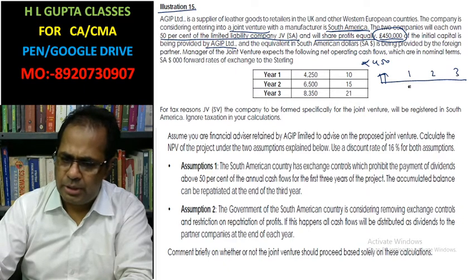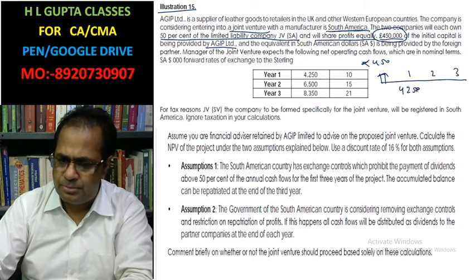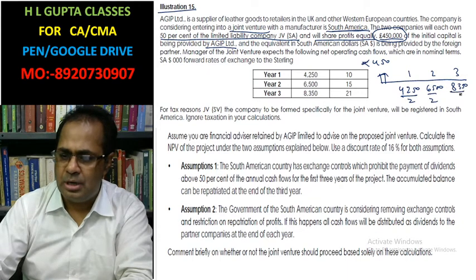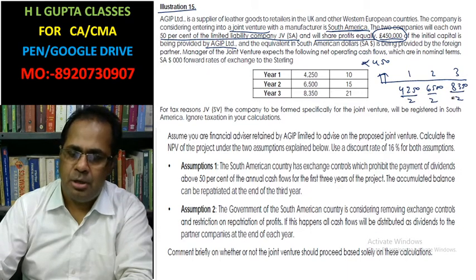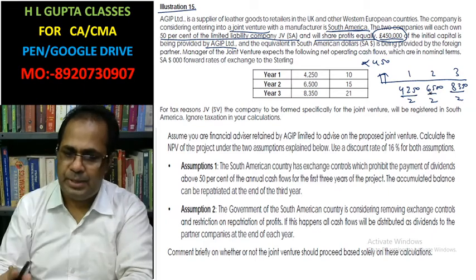Your inflow is in South African dollars: 4250, 6500, 8350. Out of this, half is your share and half is your counterparty's share.